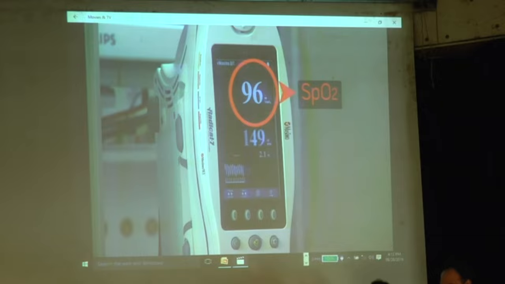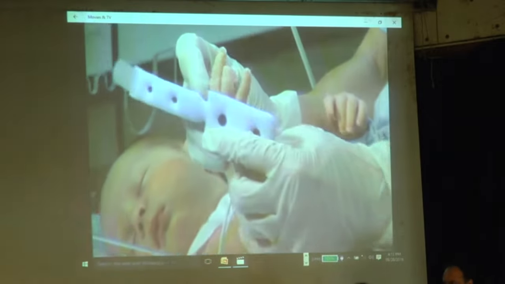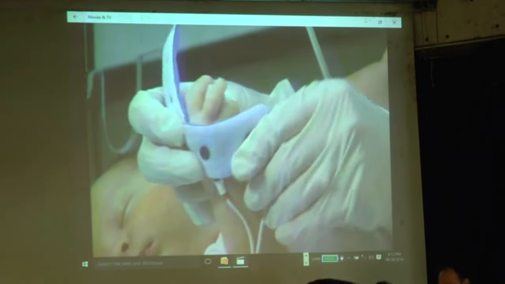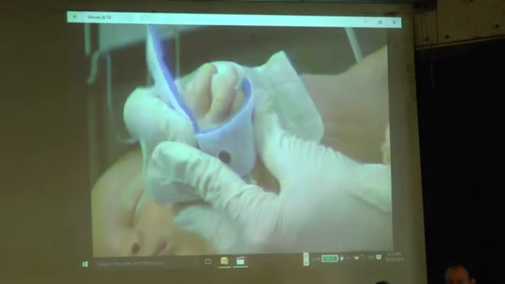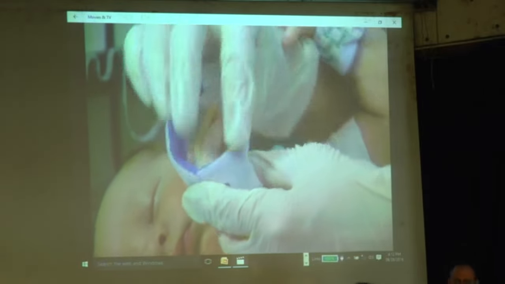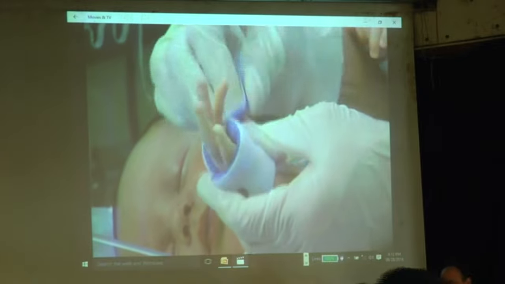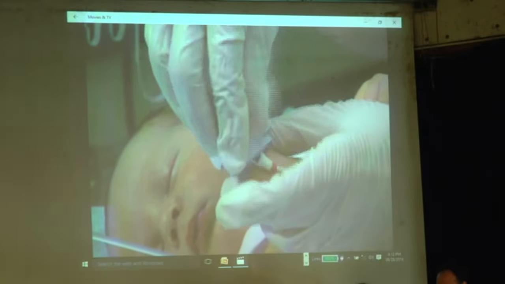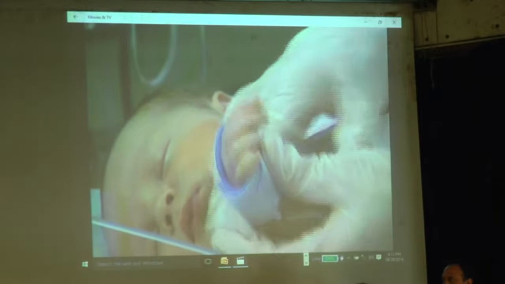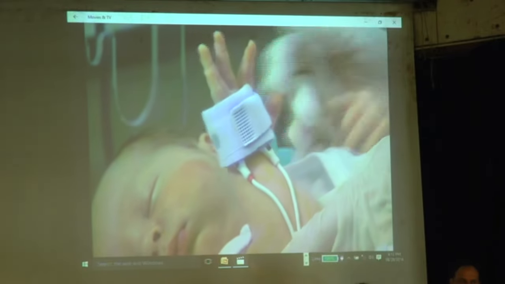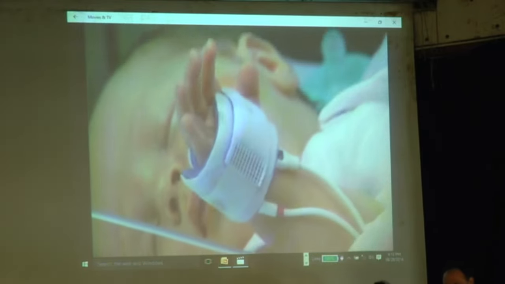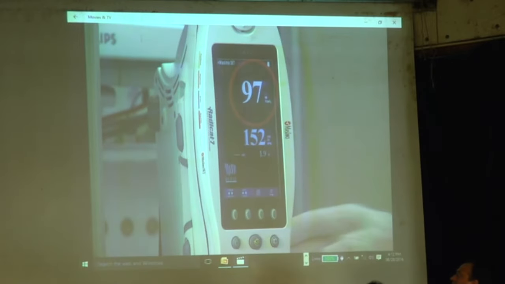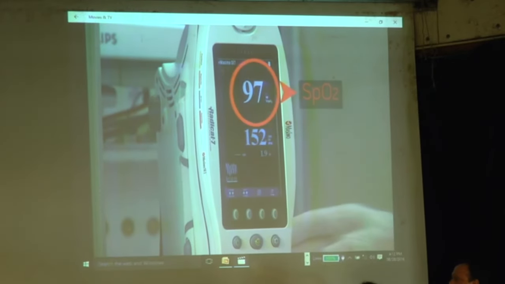Okay, you can see in the video that the pulse oximeter probe was initially attached to the right foot, now it is on the right hand, and the saturation was 96%. Now it is attached to the right hand, and saturation is 97%.